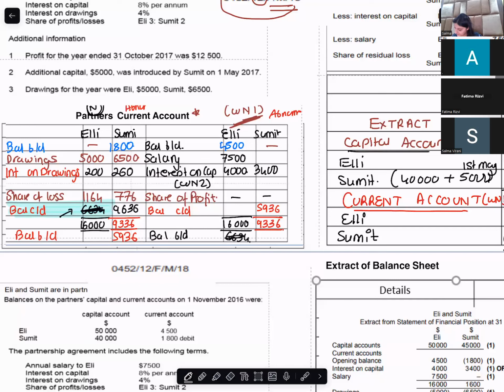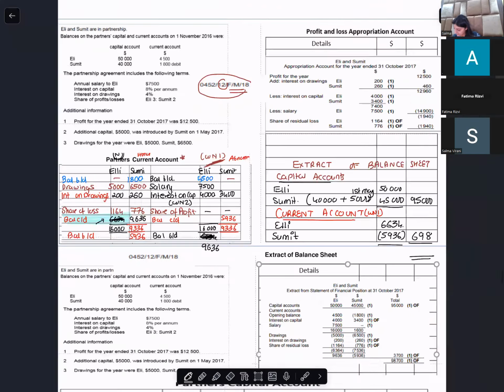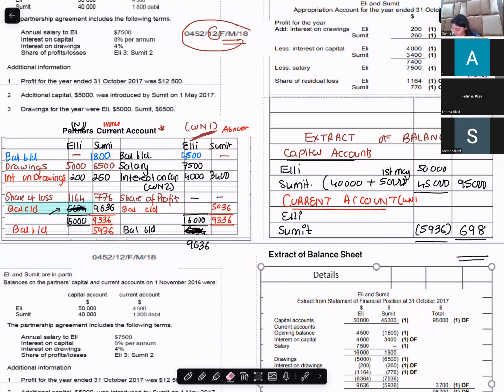You are not checking the totals. 9,636 minus 5,936. So this is how much? 3,700. So 98,700.